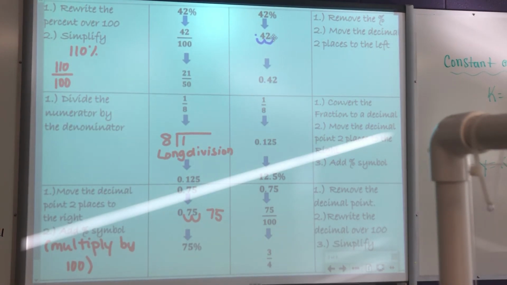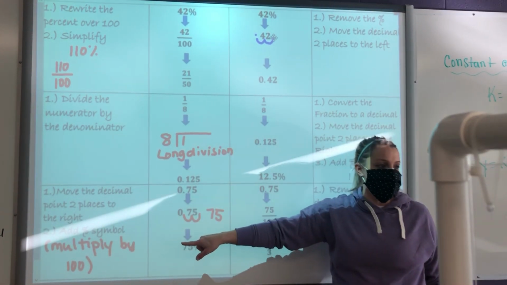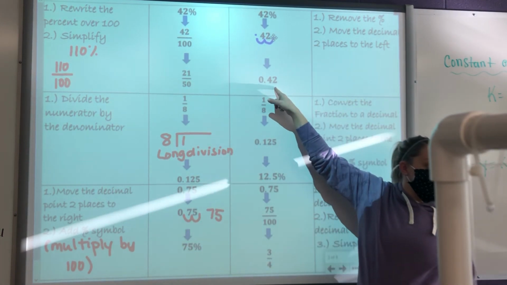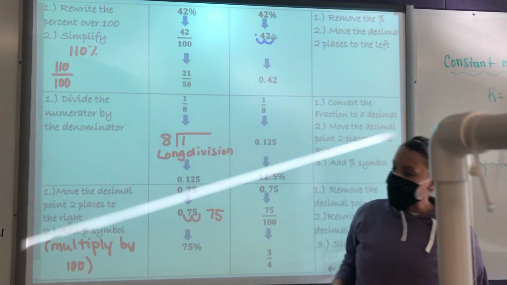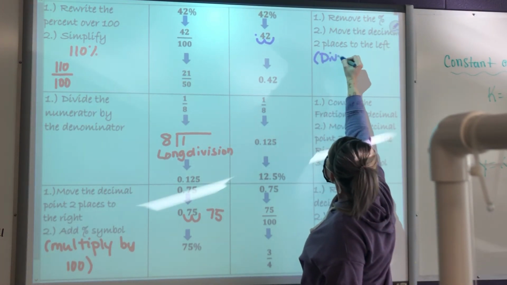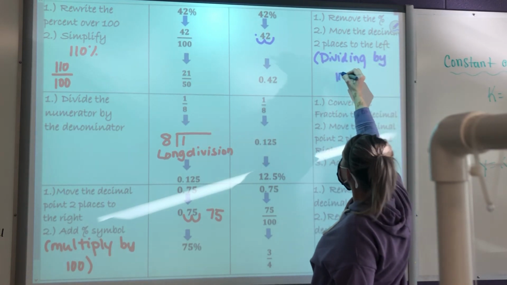Making it smaller. Dividing by... Down here, when we converted from a decimal to a percent, we multiplied by 100. So here, percent to a decimal, we're actually dividing by 100.